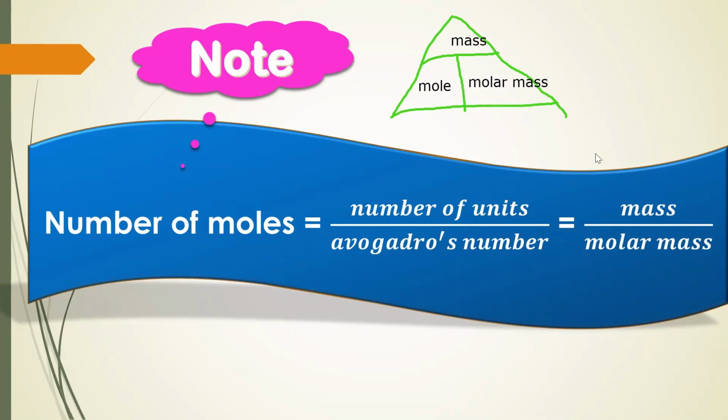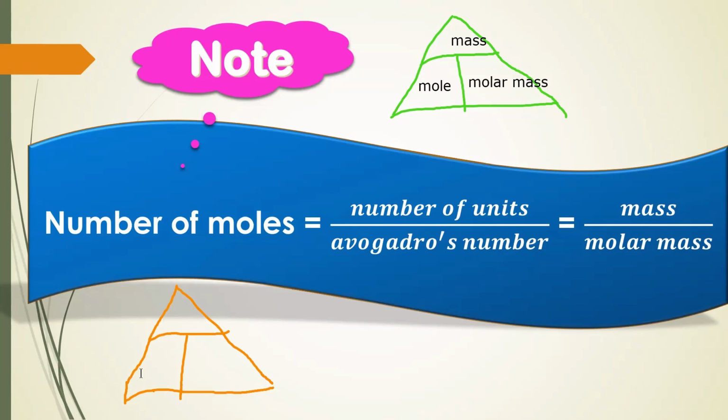Same here. The number of moles and Avogadro's number can also be explained in a triangle, so we can easily get the equation to calculate the missing one. If the missing is the number of units, or if the missing is the number of moles, we use the same.